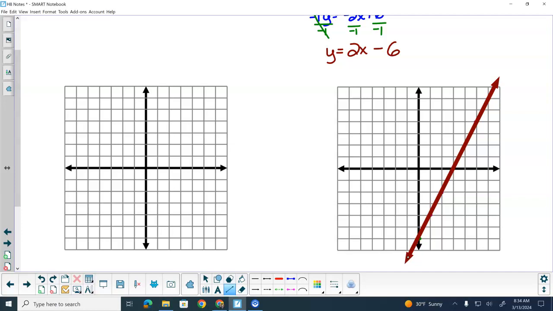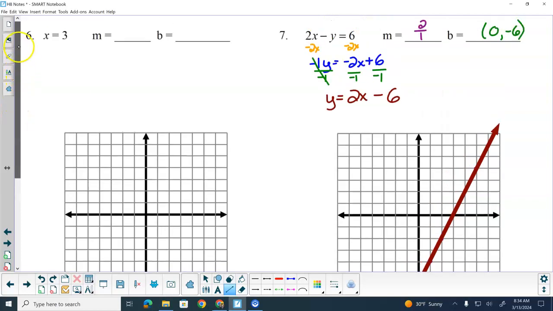No? Okay. So I'm gonna give you a different style of question. Can I put x equals 3 into y equals mx plus b? Why not? There's no y. All right. So there's no y. So I can't put it in y equals mx plus b form.